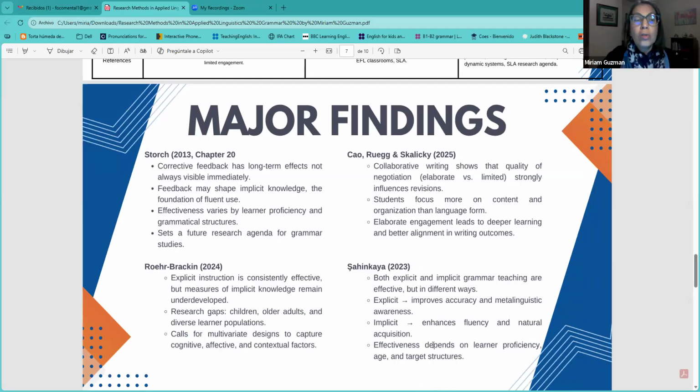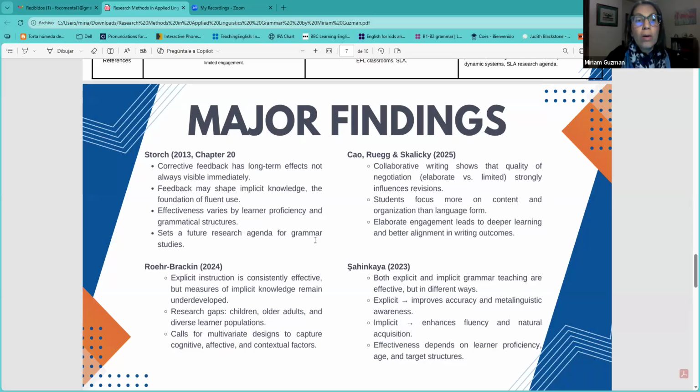In the book by Storch 2013, chapter 20, it shows that corrective feedback has long-term effects not always visible immediately. The feedback may shape implicit knowledge, the foundation of fluent use. Also, its effect varies by learner proficiency and grammatical structure, and it sets a future research agenda for grammar studies.